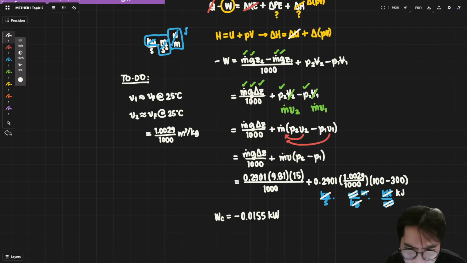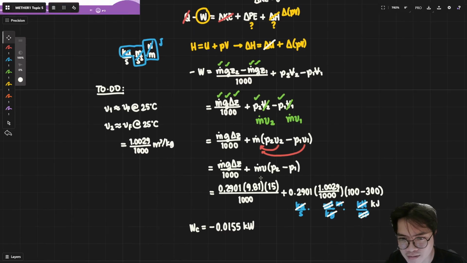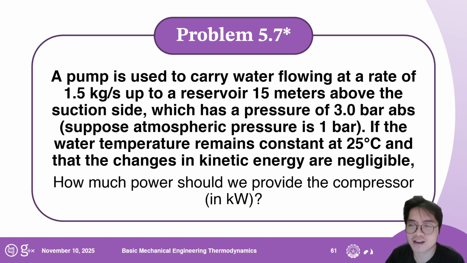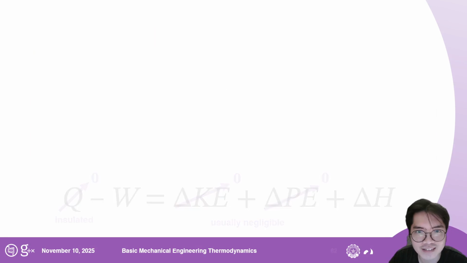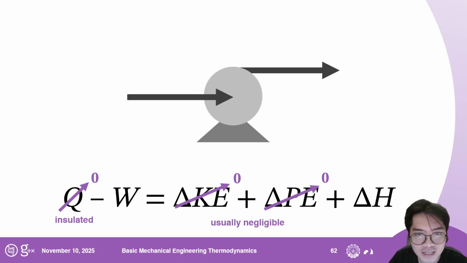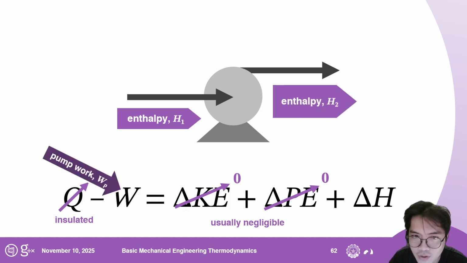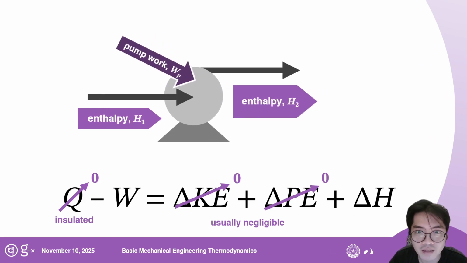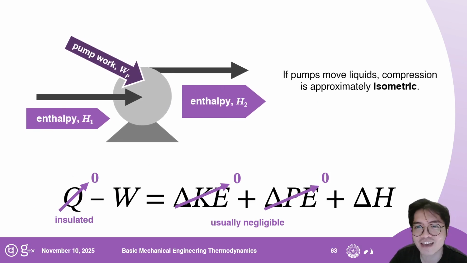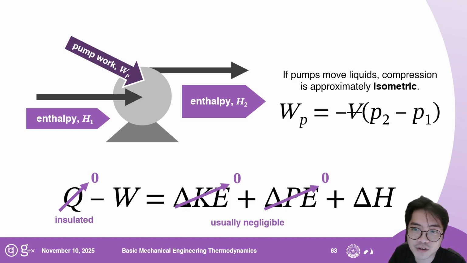Wait a second. This is too small. Okay, now this is my reality check coming in. Oh, I know. I had a slide for this. There it is: usually negligible. You have your pump in here. You have your enthalpy going out, and this is your pump work. And then, if pumps move liquids, compression is approximately isometric, which means that your pump work is that.